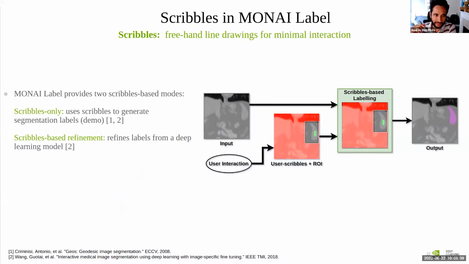One is the Scribbles only that you use to create labels from scratch, and the other one is the Scribbles that you create to modify the prediction that you get from the deep learning model, right? This second one is still a work in progress, but the idea is to have both, right? To create labels from scratch or modify the predictions that you get from the server.